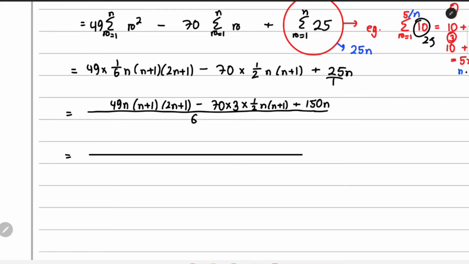Now I can simplify the terms on the top. 49n squared plus 49n, multiplied by (2n plus 1). Then I have minus 70 times 3 times half, which is 105n times (n plus 1), and 150n at the end.